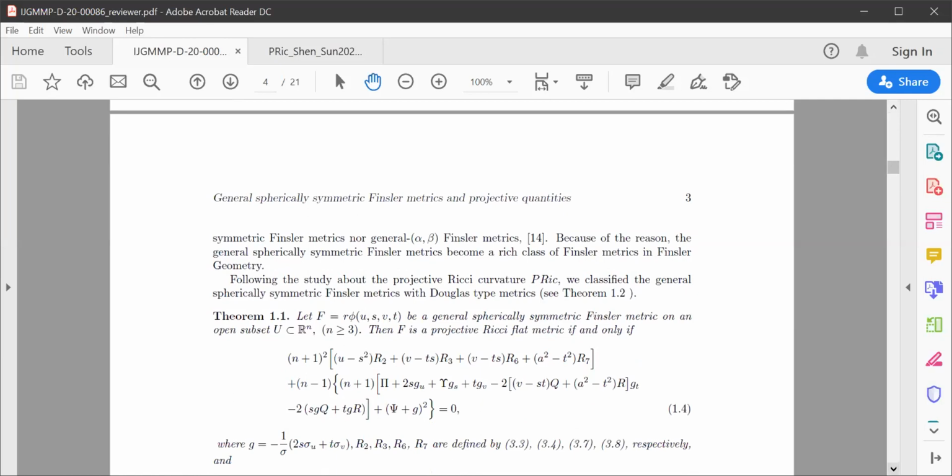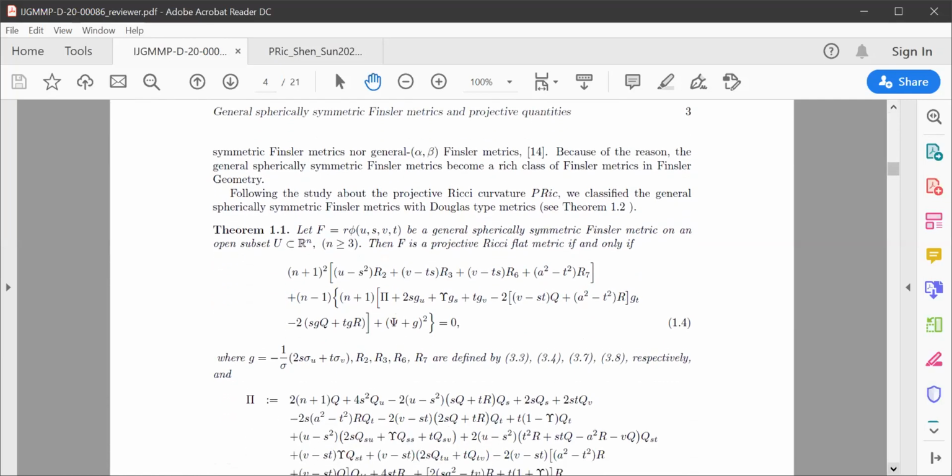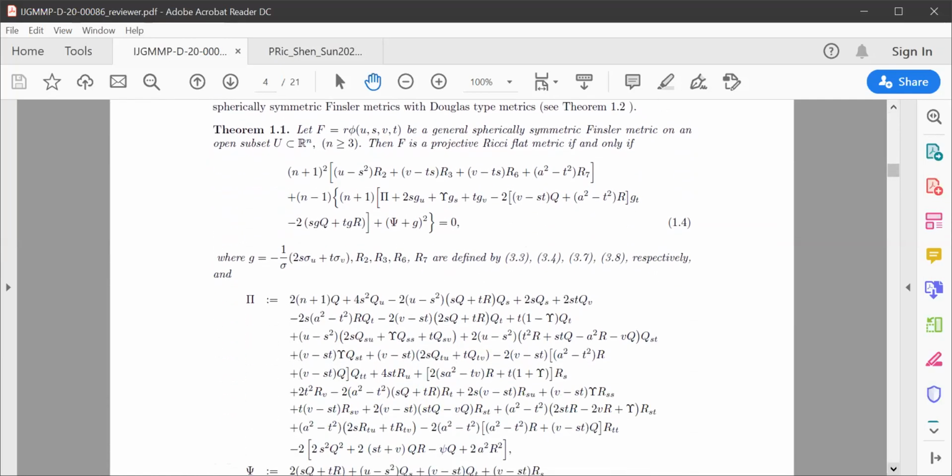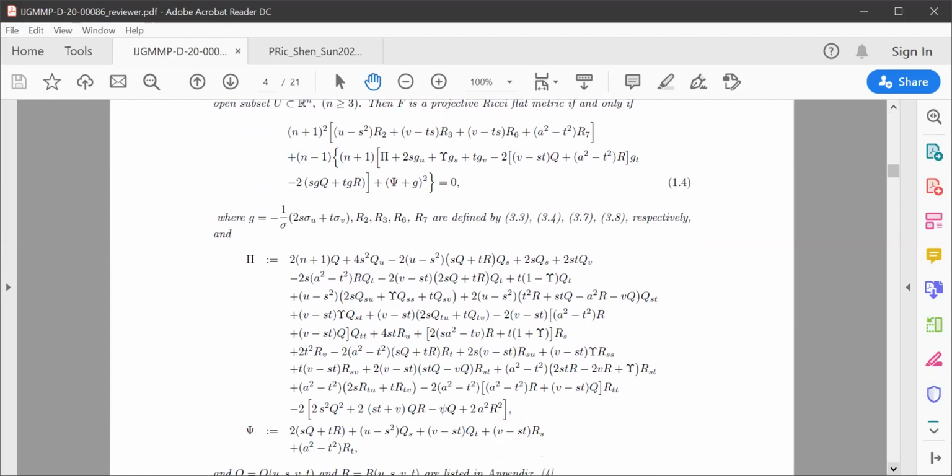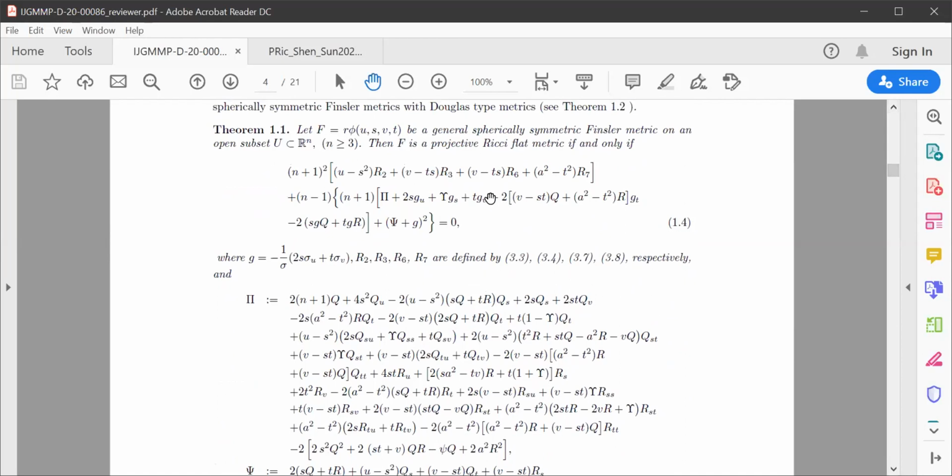But let's see what kind of equation they can get. All right, so you have so many quantities, R1, R2, R3, R6, R7, and there are also some other quantities. Let's understand those quantities. This equation, of course, is almost impossible to solve.